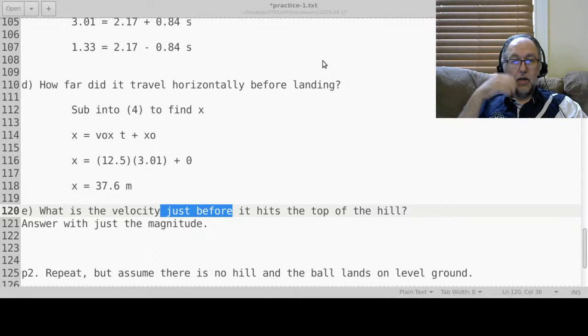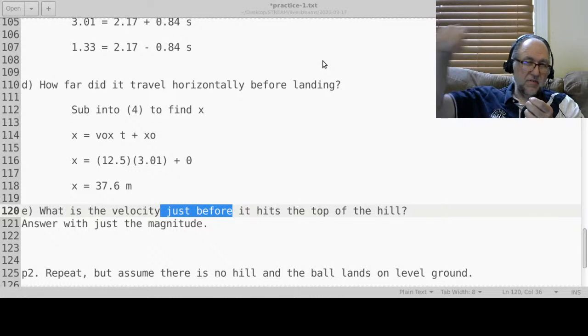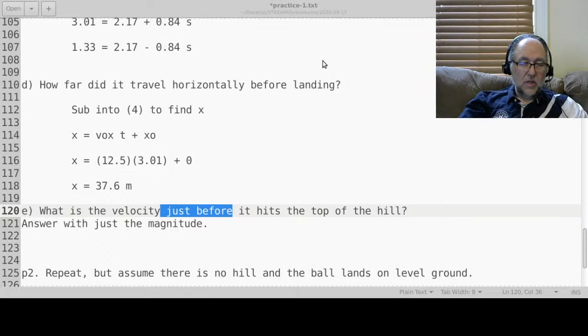And so you might say in your mind, well, after it hits the hill, it might bounce a few times, but eventually it'll stop, so the final velocity is 0. End of story. Well, no. I mean, yes, that is physically true, but that's not going to come out of those equations.